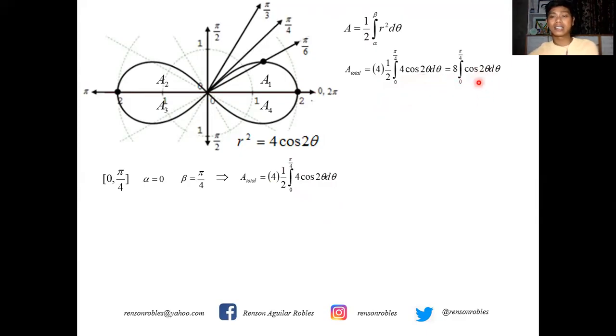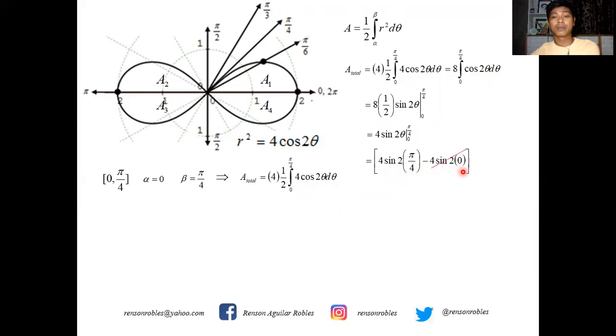And then integrating this, you have 8 times, the integral of cosine 2 theta is 1/2 sine 2 theta evaluated from 0 to pi over 4. And 8 times 1/2 is 4 sine 2 theta evaluated from 0 to pi over 4. And then we now replace theta by pi over 4 and then by 0. So you have 4 sine 2 times pi over 4, minus 4 sine 2 times 0.